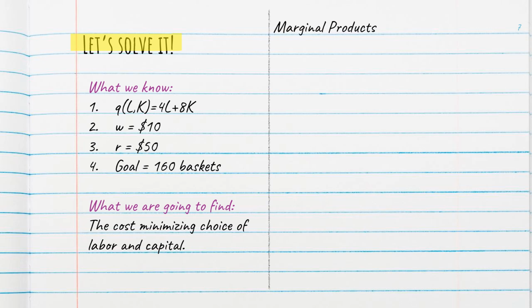Because this is a perfect substitutes production function, we're going to start by computing the marginal products and then comparing those ratios. So the marginal product of labor is equal to the partial derivative of the production function with respect to L, which is 4. And the marginal product of capital is equal to the partial with respect to K, which is 8.